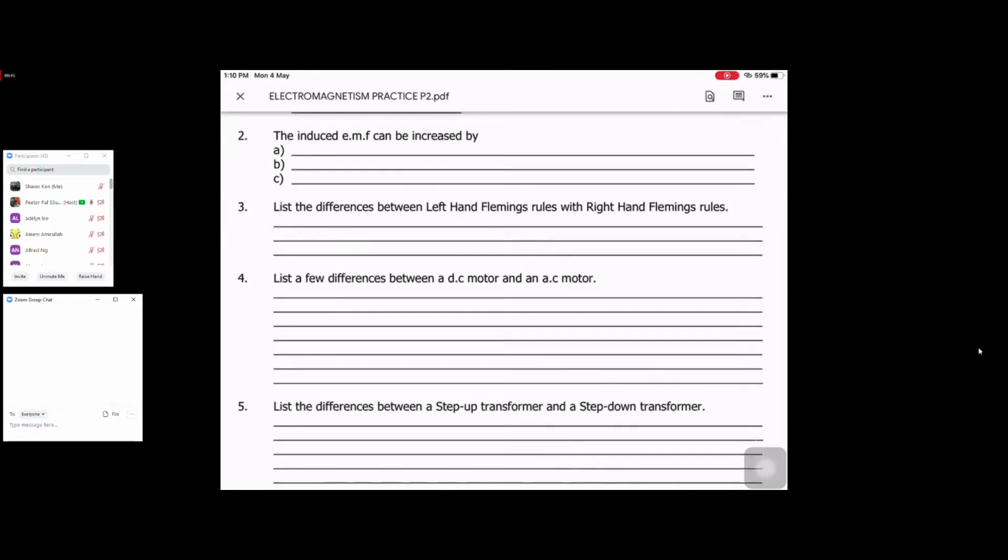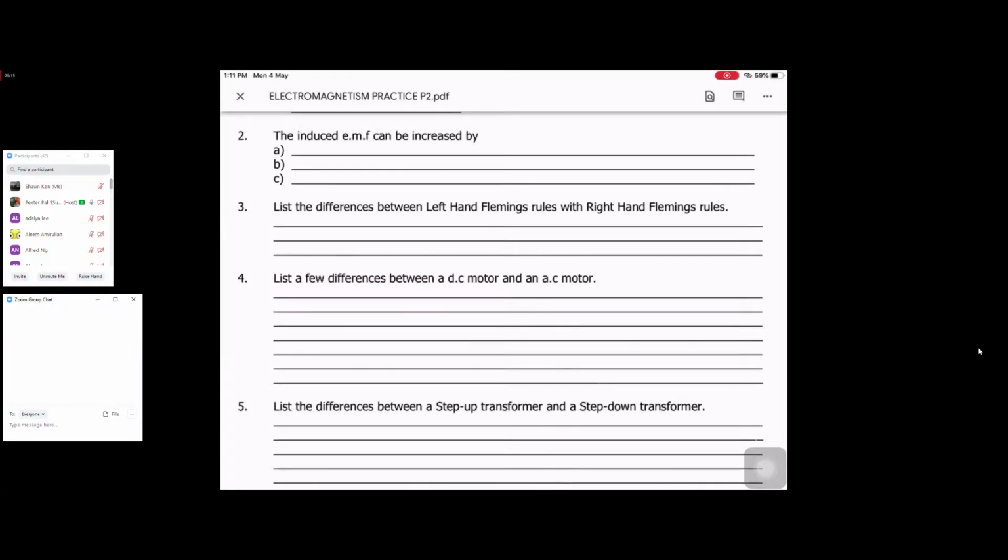The induced EMF can be increased by. How can we increase the induced EMF? Number 1, increasing the speed of relative motion.